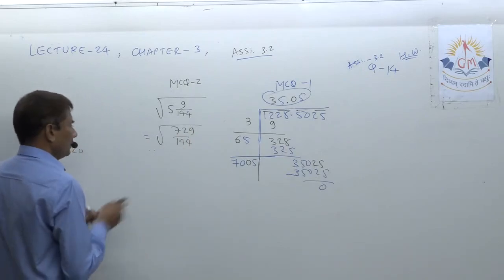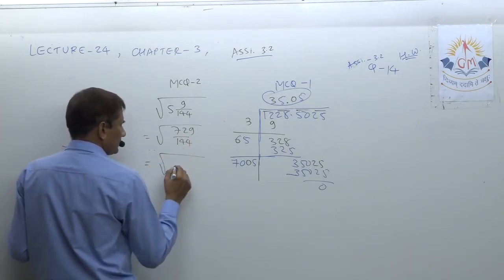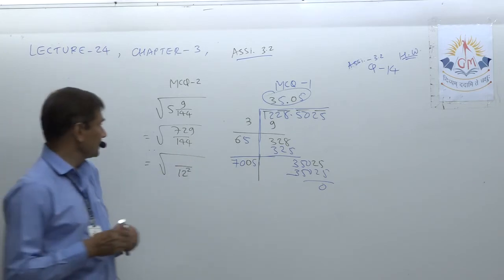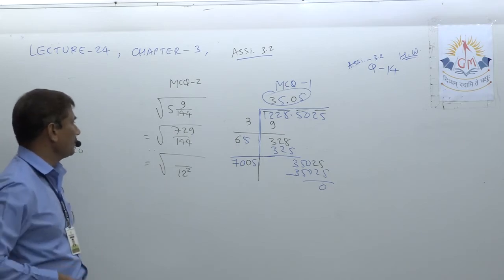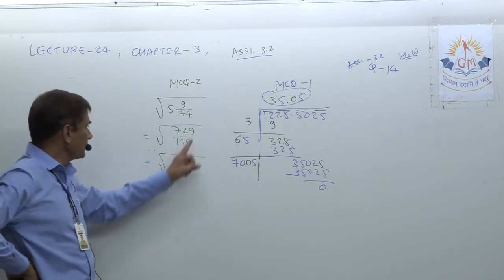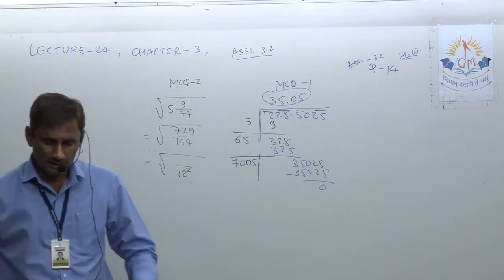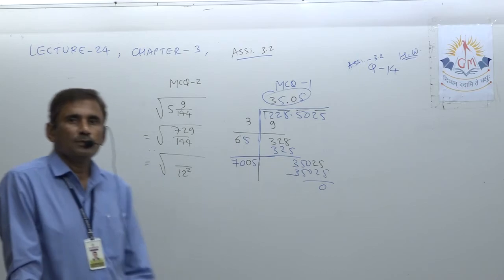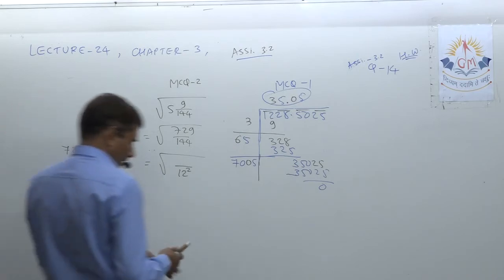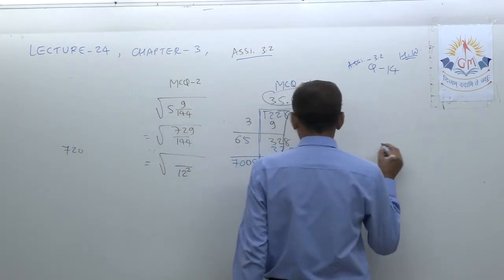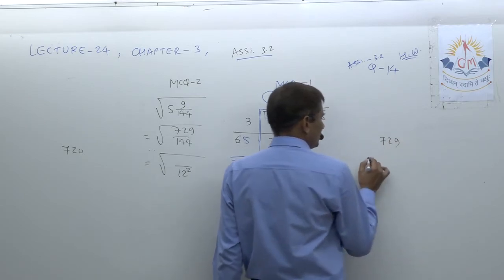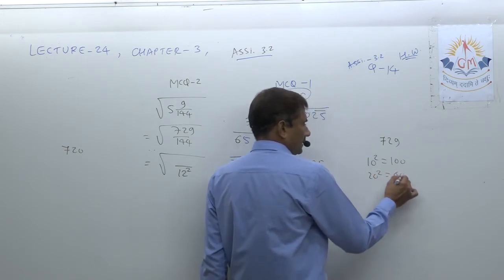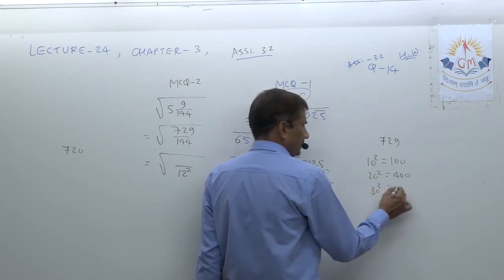Now you should know 12 is a perfect square root, 144 is the square of 12. And 729, we don't know it is the perfect square of what, but the last digit is 9. So first of all, you can estimate also: you know 10 square is 100, 20 square is 400, 30 square is 900.